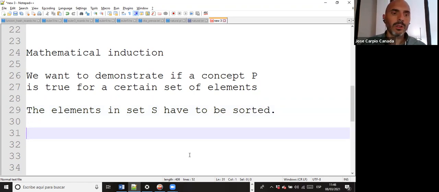What does that mean? Do you think it's possible to sort people in the classroom? In which sense can we sort people in the classroom? Is it possible to put people in order? In which sense can we do that?